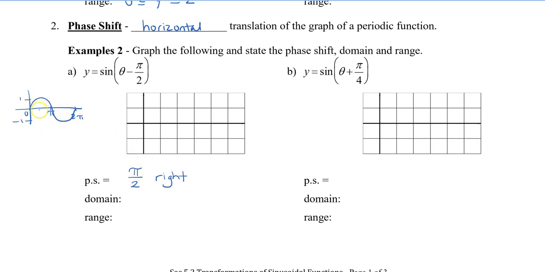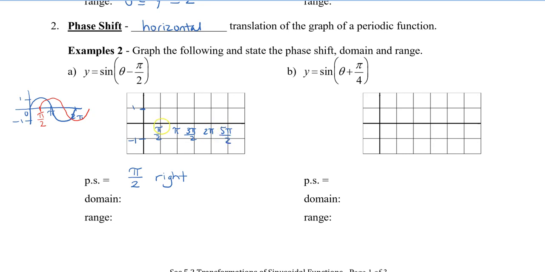So if you think about it, this would look something like this. So we're now going to start at pi over 2. All right, so let's label everything. So we have 1, negative 1, pi over 2, pi, 3 pi over 2, 2 pi, 5 pi over 2.